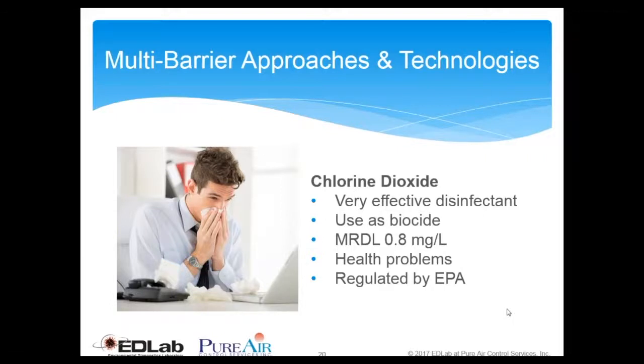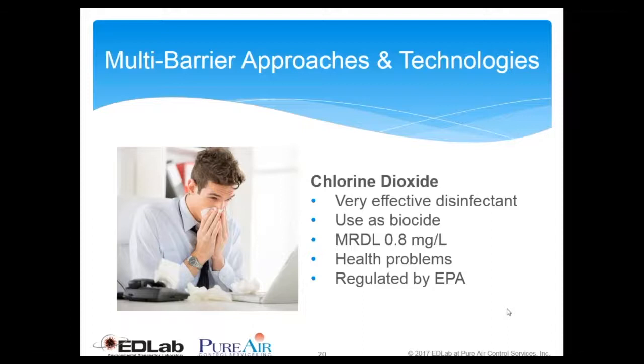Like I was mentioning, disinfectant is good, but we need to make sure what kind of disinfectant needs to be used. Why? Because disinfectants are very effective and used as a biocide, but there is also risk involved, like health problems, and that's why it is regulated by the EPA.